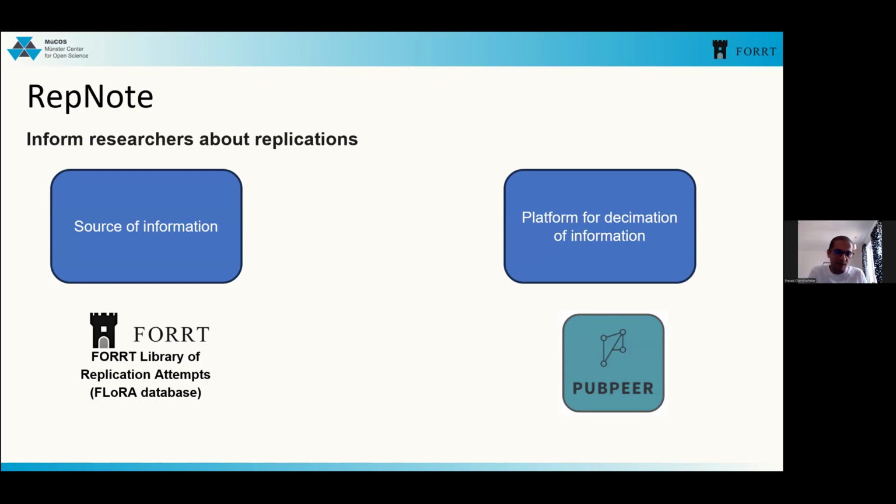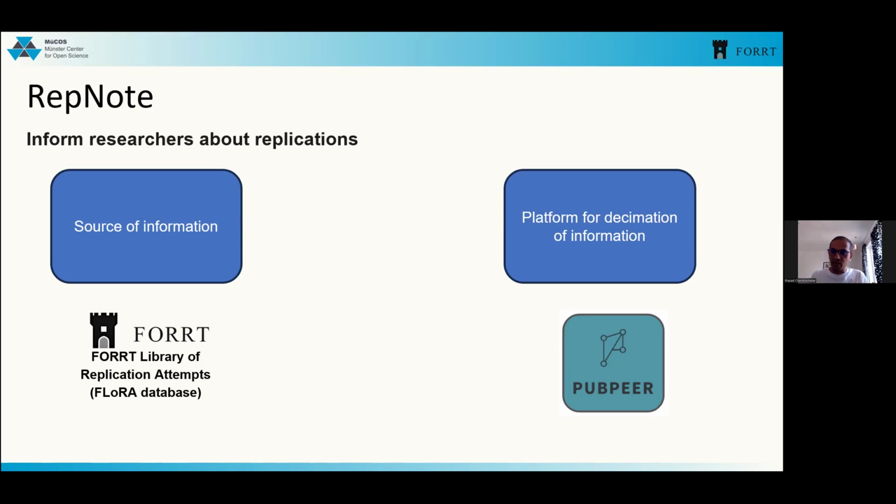It's a database on replications. We have this FLoRA database, which as of now has tracked more than 2000 replication effects, and is planned to grow further, including tracking replications within the social sciences and humanities. For dissemination, PubPeer is a very nice platform because there are no barriers to accessing it, and people can post comments on published papers anonymously or signed.